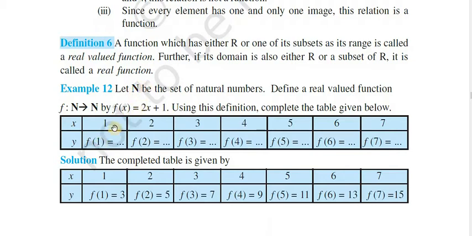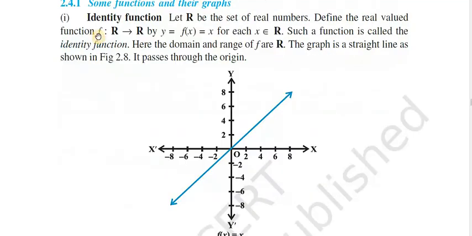Now put the values to find f(1): you put 1 here, so you get 3. If you put 2 here, you will get 5, because 2 into 2 plus 1 is 5. For f(3) you put 3 here, and f(3) will be 7. Like this you can just go on doing.